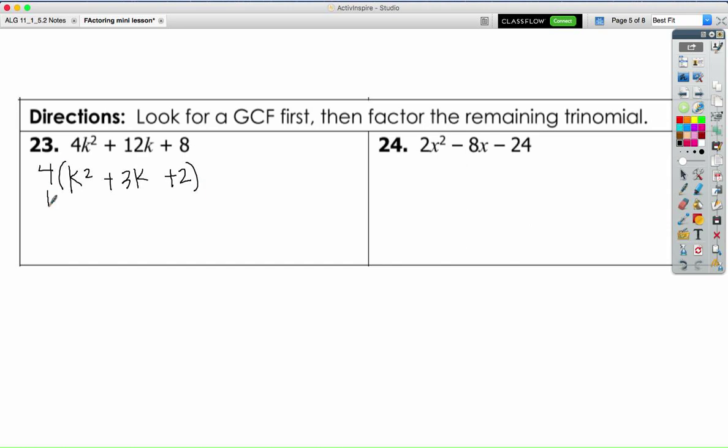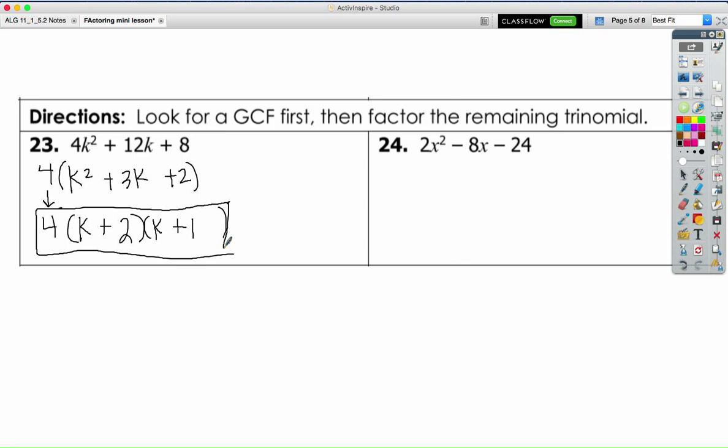And so we're going to bring the 4 on the outside down, and we're going to break that trinomial down into two binomials. So k squared came from k times k. The factors of 2 that also add up to a positive 3 are 2 and 1. So if you just did this, that would not be the final answer. You would have to have all three of these. You'd have to have the GCF and the two factors.